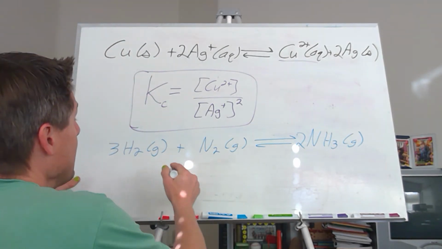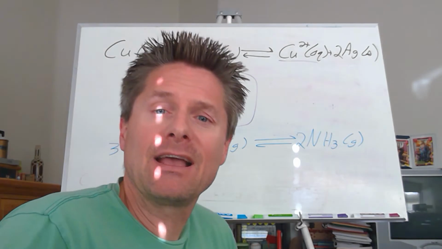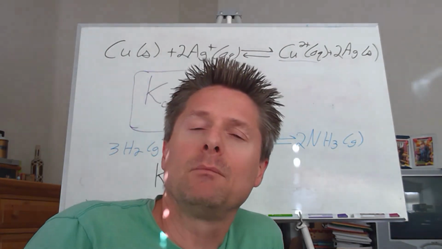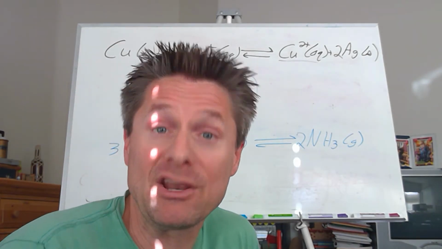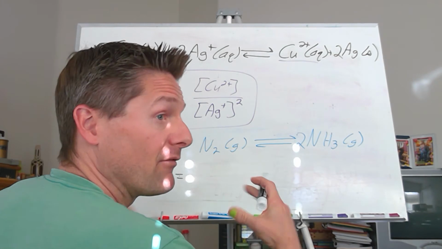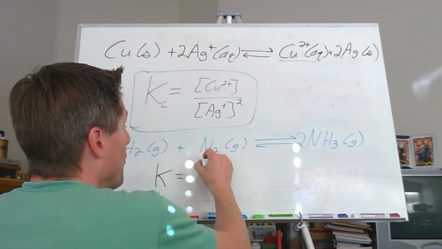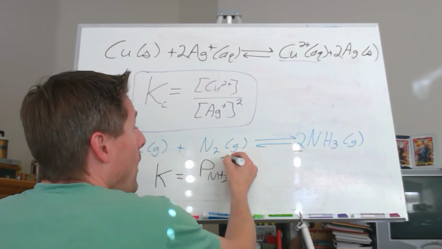So let's write our K down. And if everything is in the gas phase, you could use brackets and molarities. But if everything's in the gas phase, a lot of times you'll also see pressures used, all right? So we could use the partial pressures of these. So instead of a bracket, sometimes you'll see a pressure symbol, right? So we could take the pressure of ammonia squared, right?